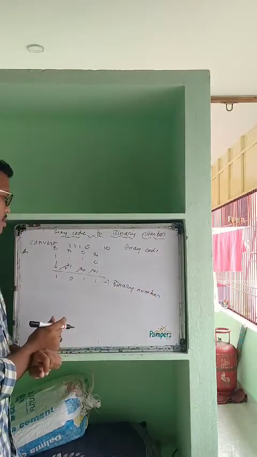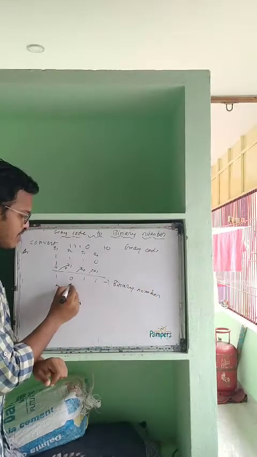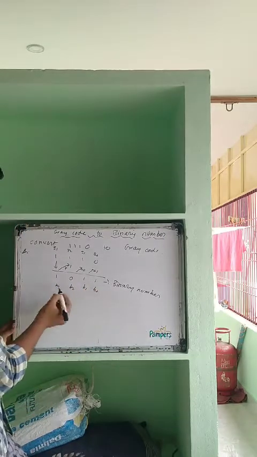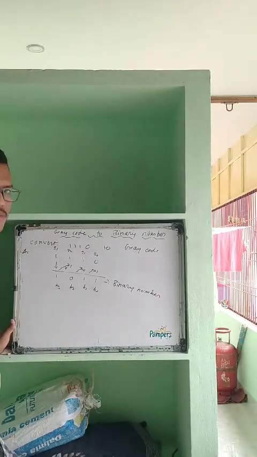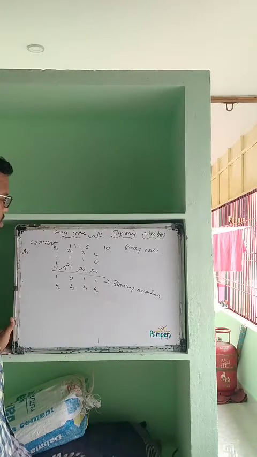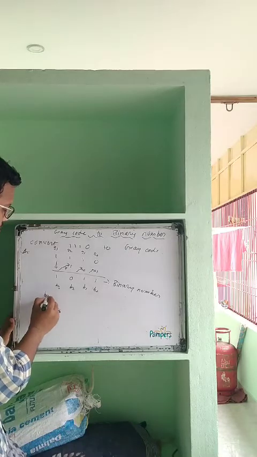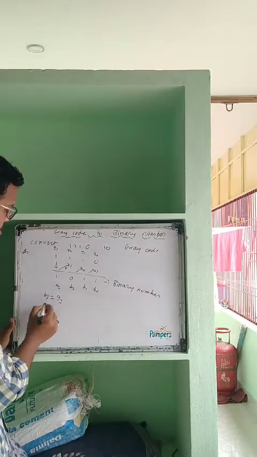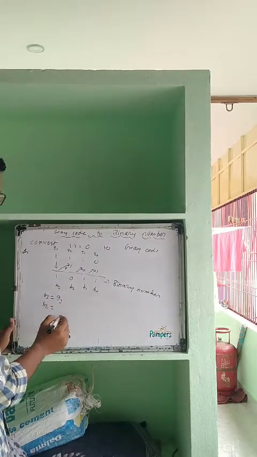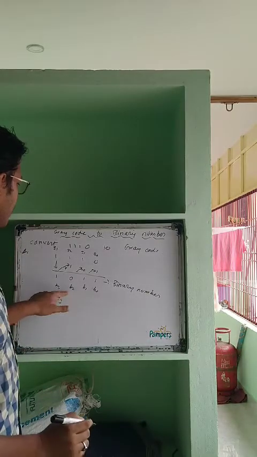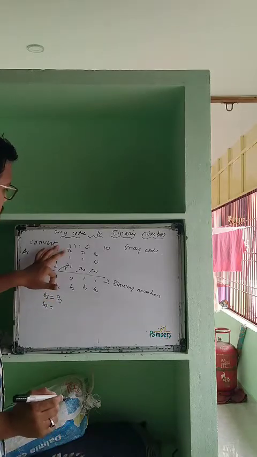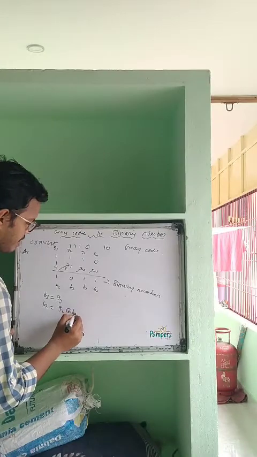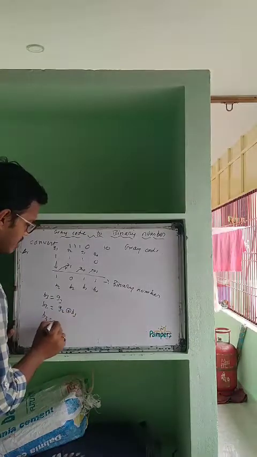Name it as B3, B2, B1, B0. So you can write the Boolean expressions. B3 is the same as G3. B2 is G2 XOR B3.